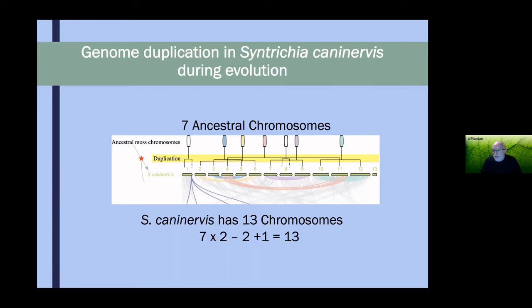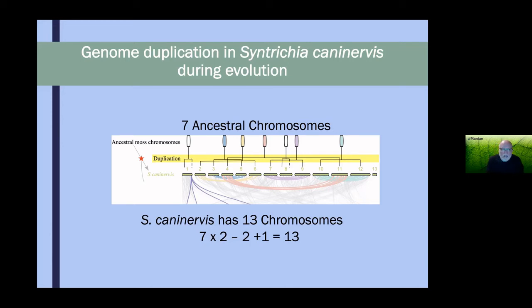But the 6th chromosome, chromosome 13, has very little collinearity with any other parts of the genome, not even with chromosomes 1 and 8 that were lost. And so we've got a gain of a chromosome, and that's how we end up with 13.